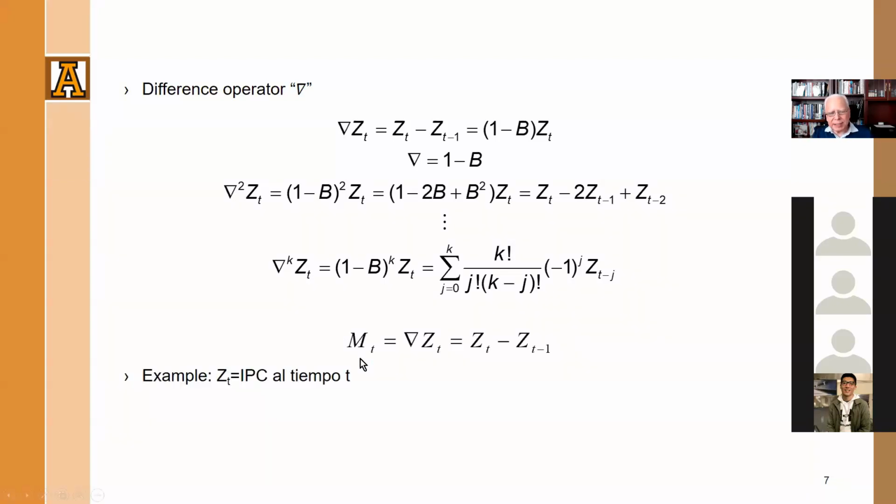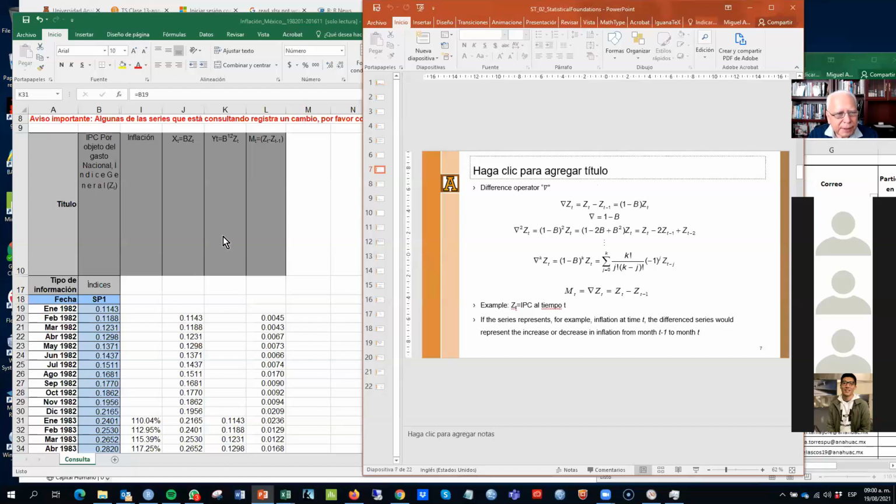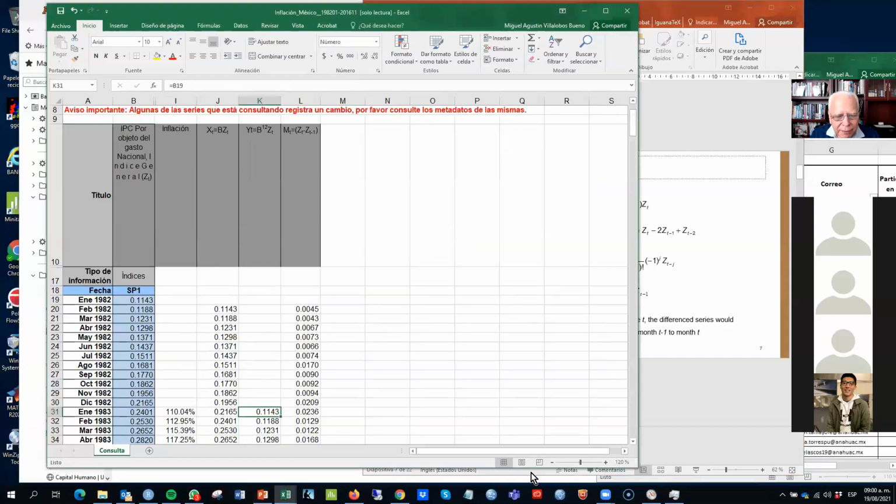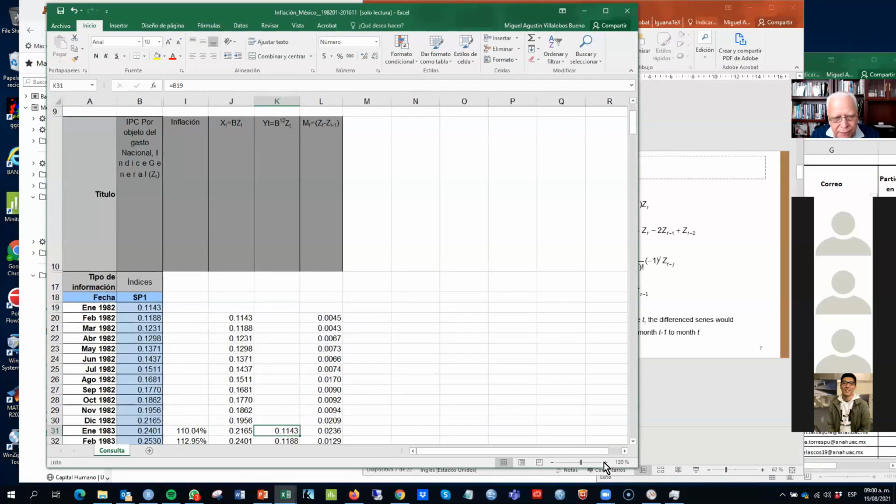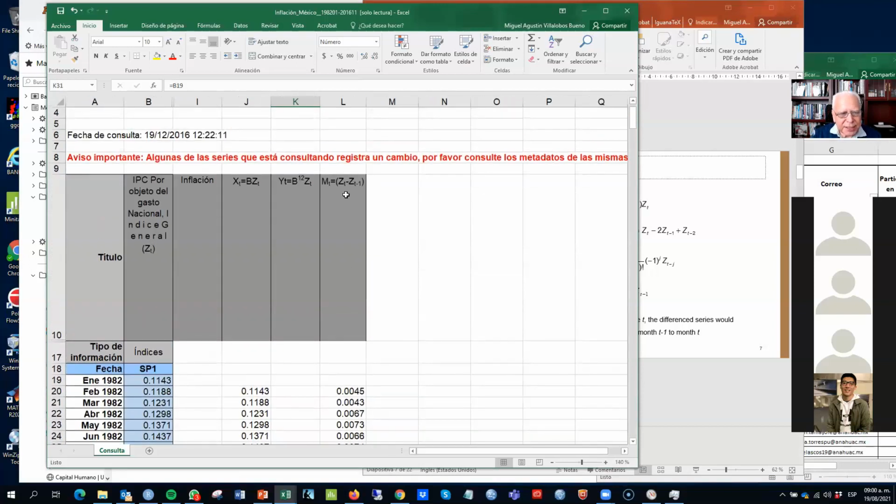And if I define the series W_t equal to the first difference of Z_t, which is Z_t minus Z_{t-1}, let me go back to the file. Here I have W_t, which is defined as Z_t minus Z_{t-1}. I take 0.0045, which is the difference between 0.1188 minus 0.1143.